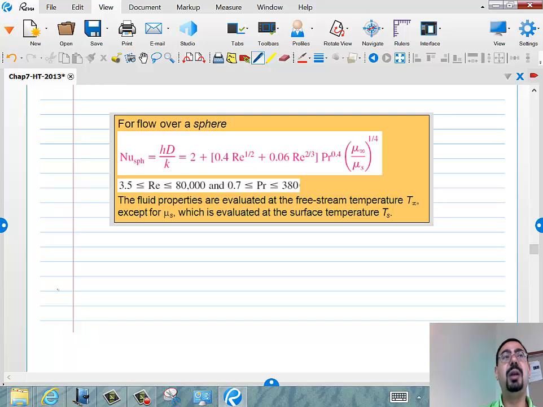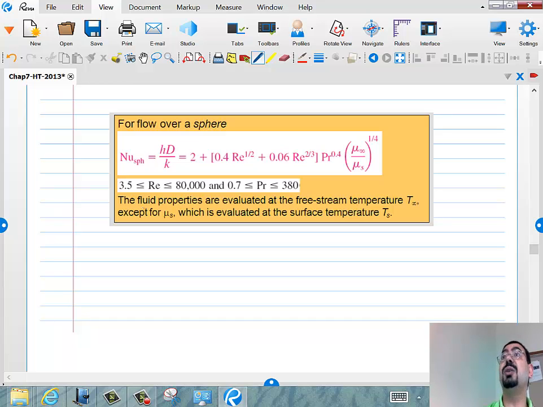But what we care about is the heat transfer at the end of the day. How much does this tank lose? All right, so here is the relation for the flow over a sphere. Nusselt sphere, h d over k. The Nusselt number will always be h multiplied by a length scale divided by k. That length scale would be the diameter for a cylinder or a sphere.